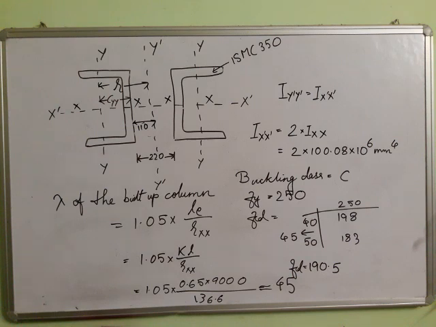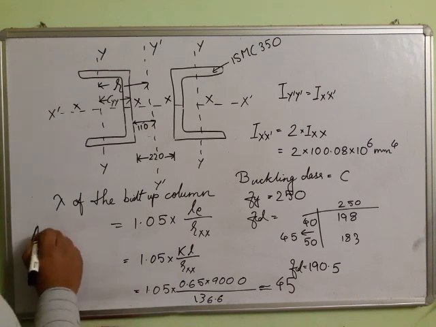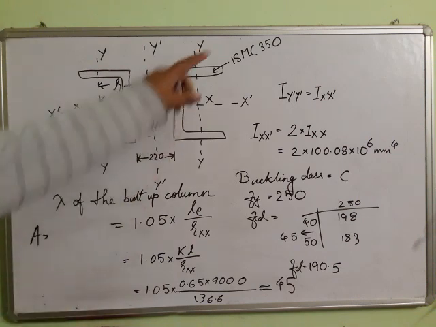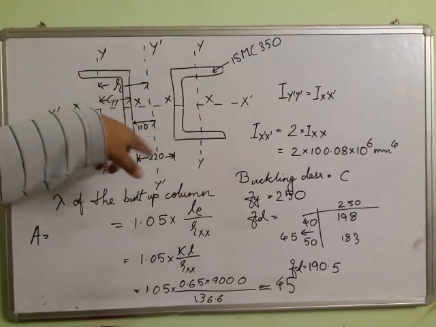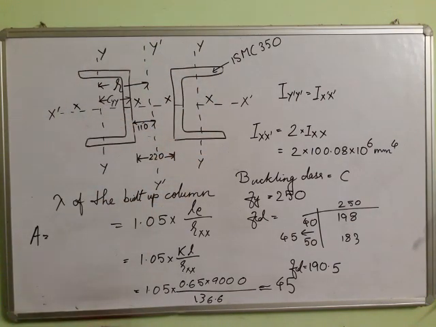Now FCD we know, so what will be the load carrying capacity of the built-up compression member? It will be FCD into the area, isn't it? So what is the area? Area of one section is how much? 5366. So two sections is 2 into 5366.